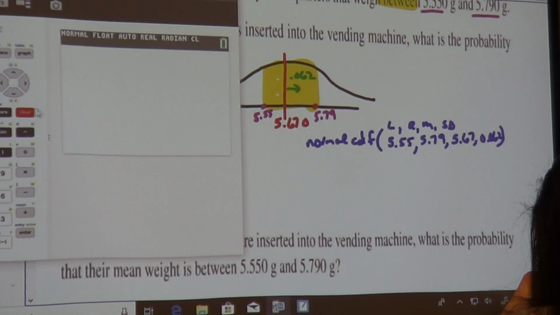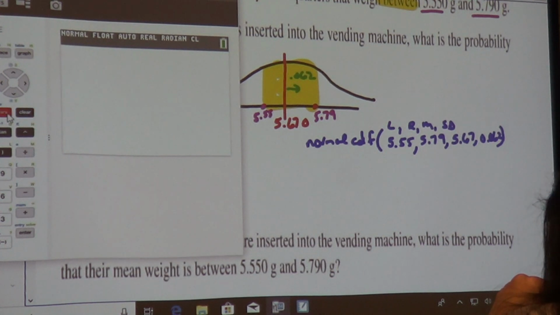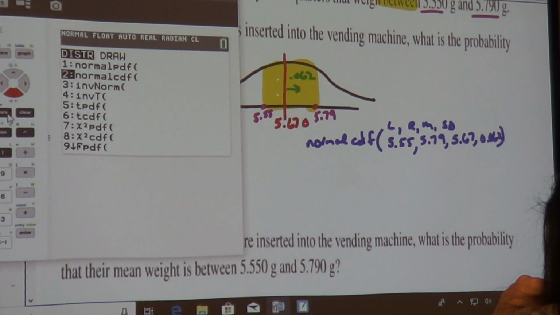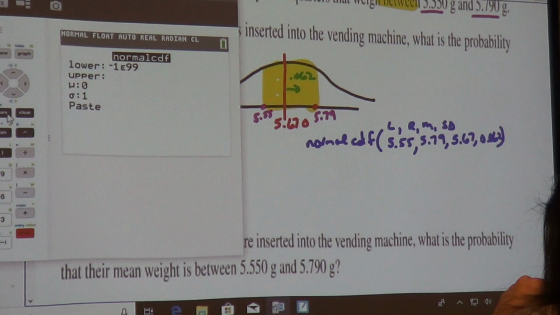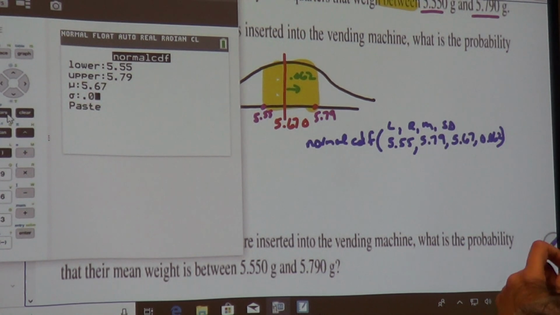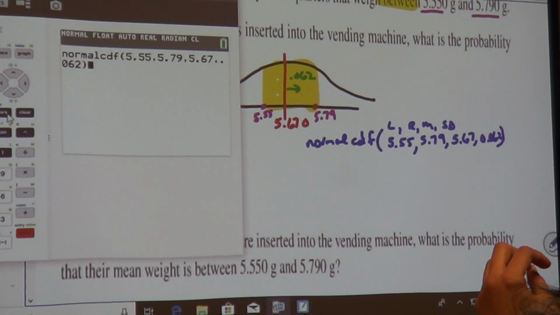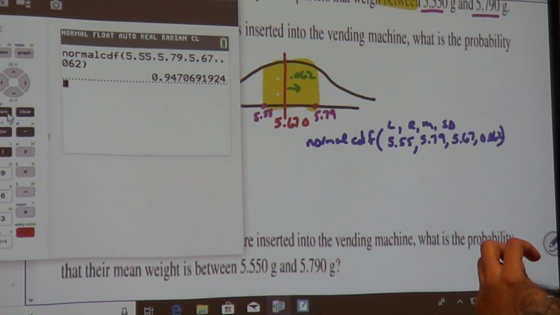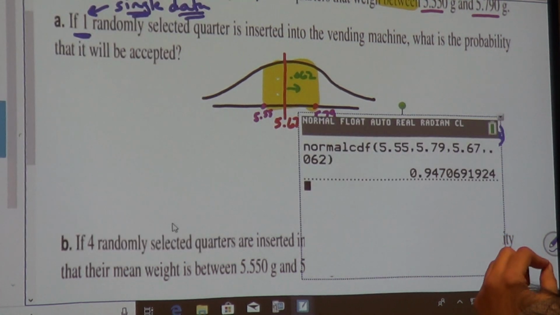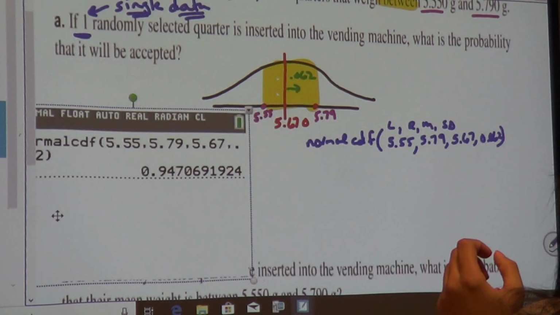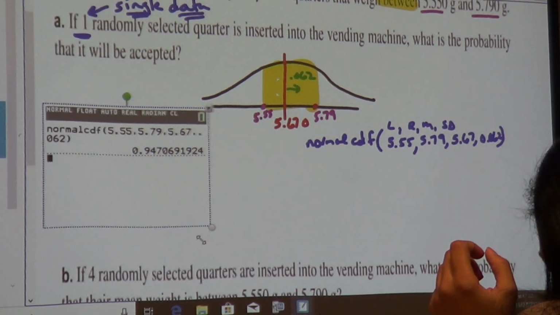Second, bars, normal CDF. And remember, on your test I'm gonna let you use your own calculator, and I'll bring in some, and you can also use the ones on the computer. In the testing room they'll look like this, but in here I'll let you use whatever. So this is gonna be my first answer.